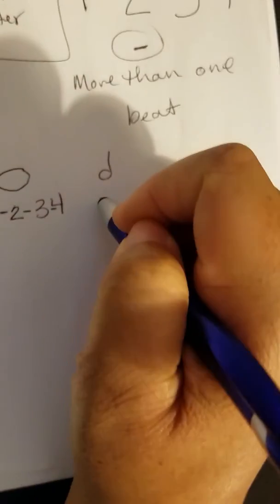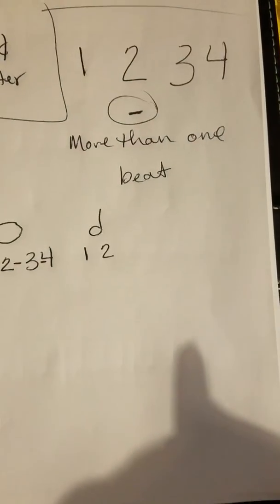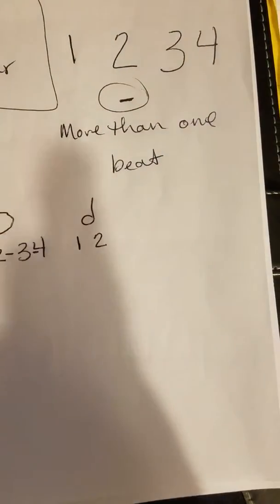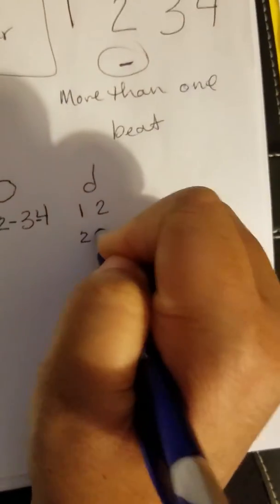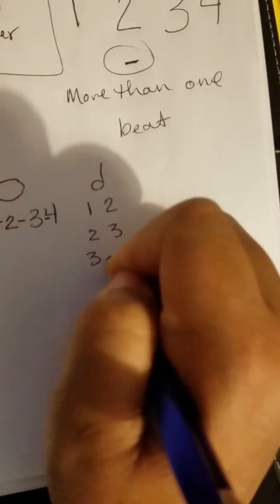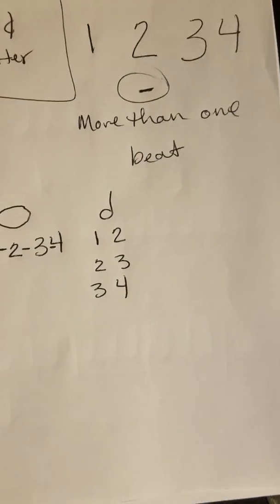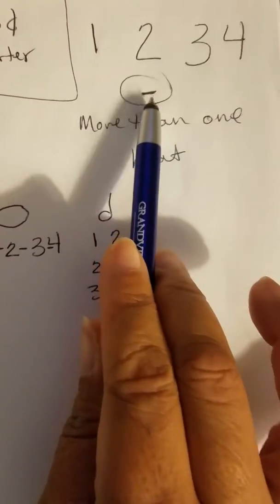All right, so there is 1, 2. Another way we can put 2 numbers together to make it equal to 2 beats, since each number is a beat, is 2, 3. Another way we can do it is 3, 4. So those are the 3 ways. But the only thing we have to remember as well is we need a dash.